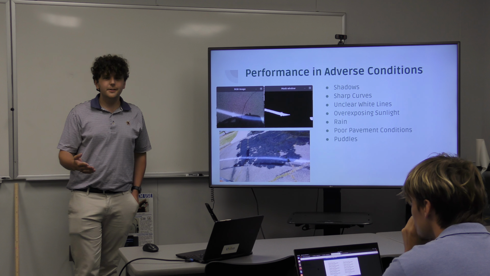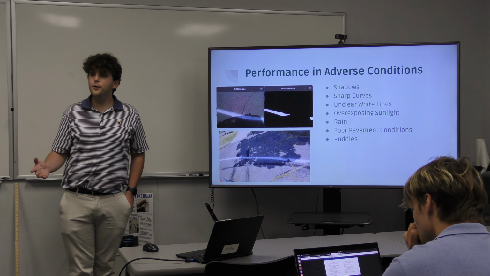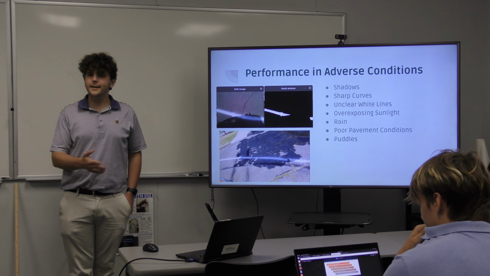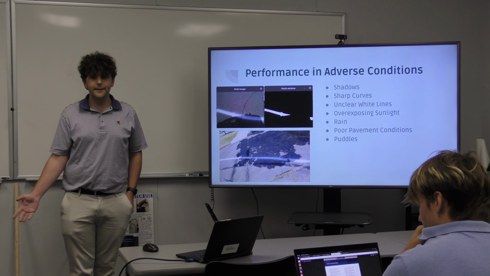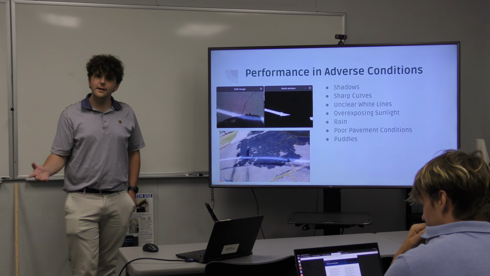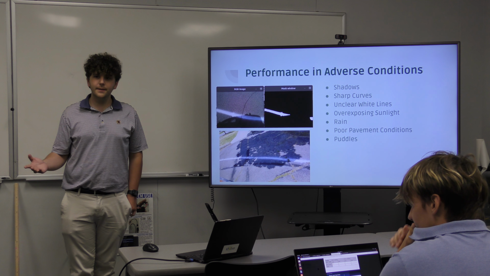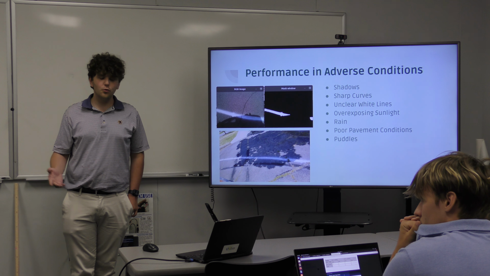This obviously creates an issue on a more large scale when there are many cars doing this, or as you see in the bottom image, there's another obstacle like a tree casting a huge shadow over the line you were trying to detect. While this was one of the bigger issues we ran into, other adverse conditions include sharp curves, unclear white lines, overexposing sunlight in the camera, rain, poor pavement conditions, and puddles on the road.